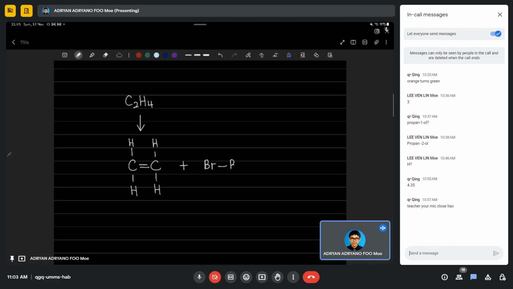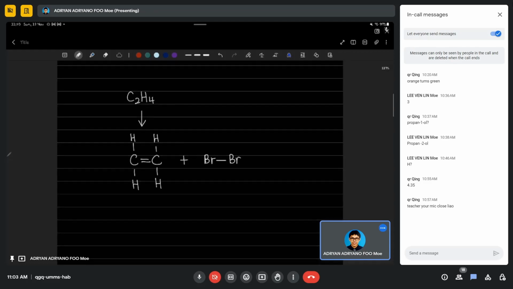Then it says we added bromine water, so Br, because bromine water is Br2. Okay, like this, do you see? Okay, now what happened is I take one of the Br. Okay, one of the Br.